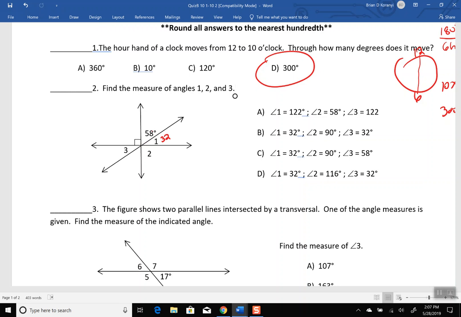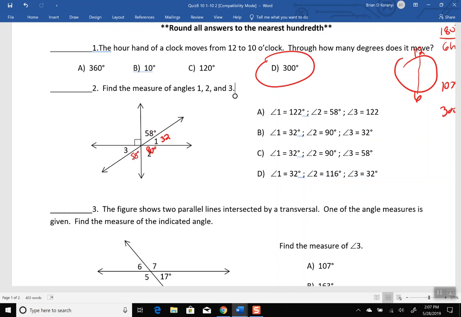And again, a couple of things I know, vertical angles, so I know this is 90, but if I add these three up, 58 and 32 is 90, and this must also be 90 degrees to add up to 180. And then if this is 90 and 32, that would be 122 degrees. So that means that this would have to be 58 degrees. I also know vertical angles are equal.